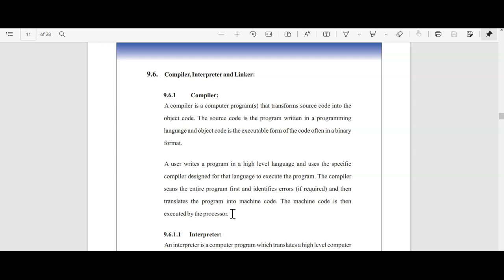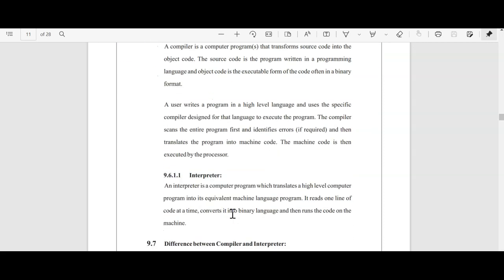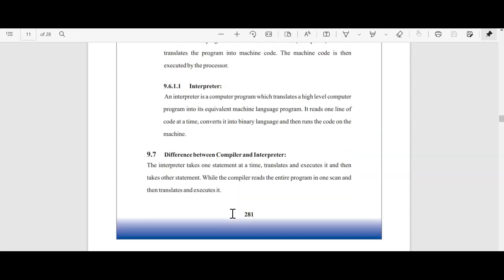So the interpreter in a computer is also a software which translates line by line. It translates one line at a time, and then it runs the code on the machine. It is slightly less experienced, so it works on the line by line principle. This is the basic difference between the compiler and interpreter.